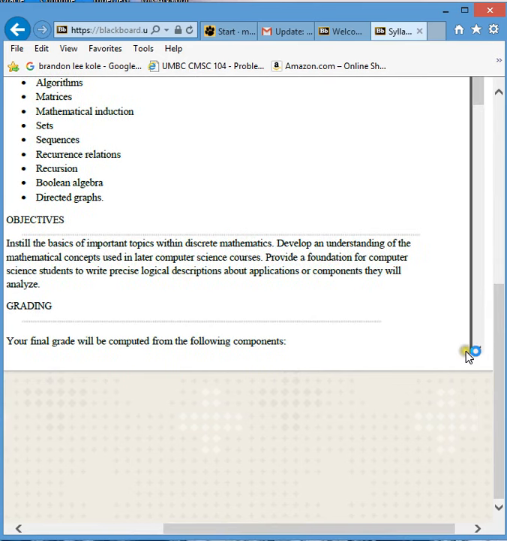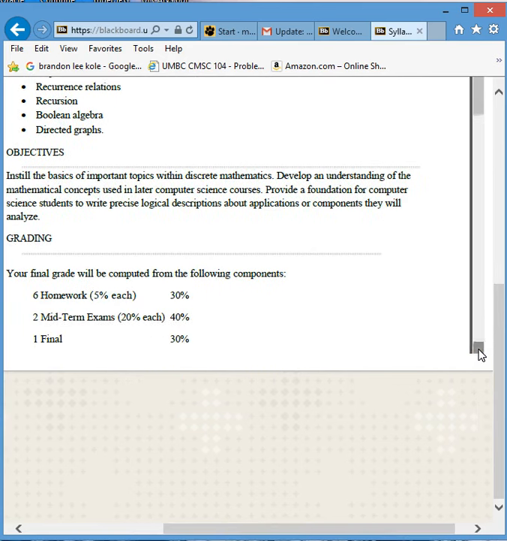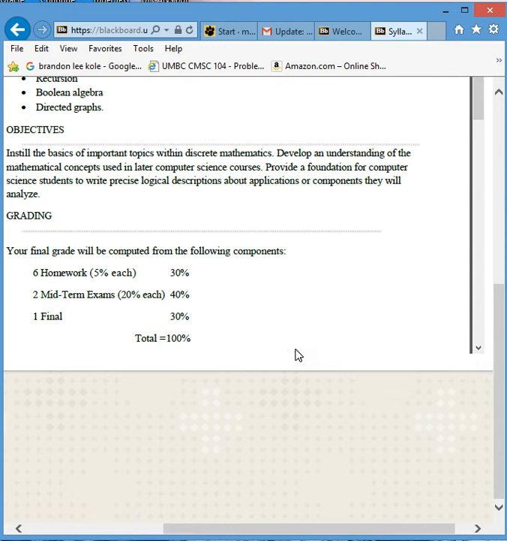And each one of the homeworks will be worth 5%. So with 6 of them, that's 30% of your grade.